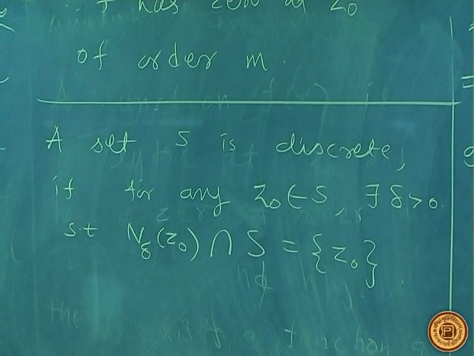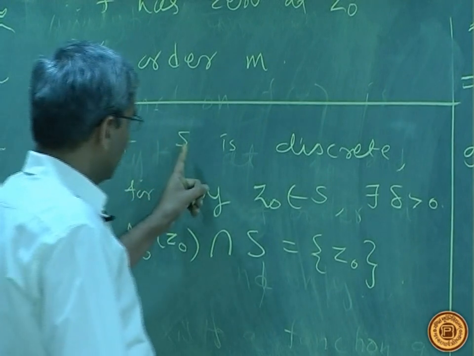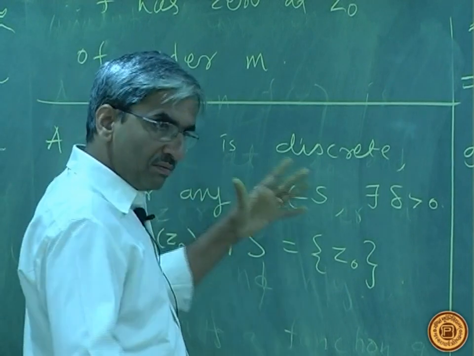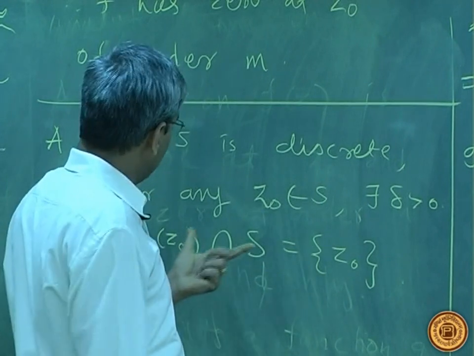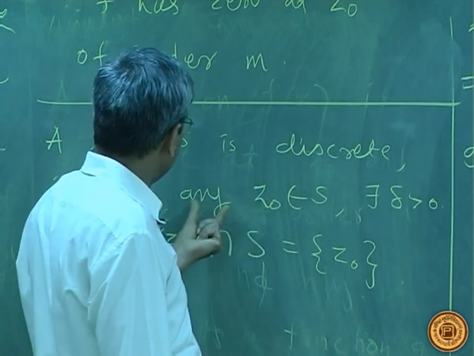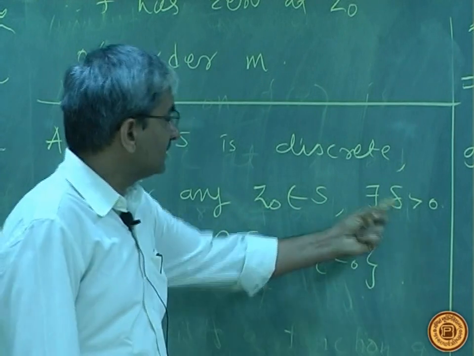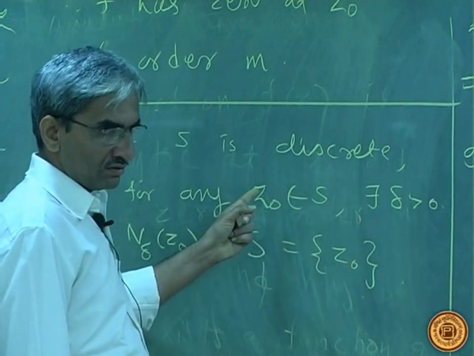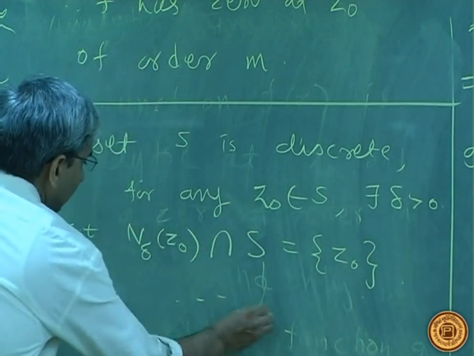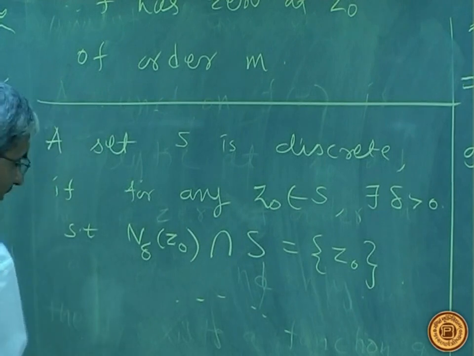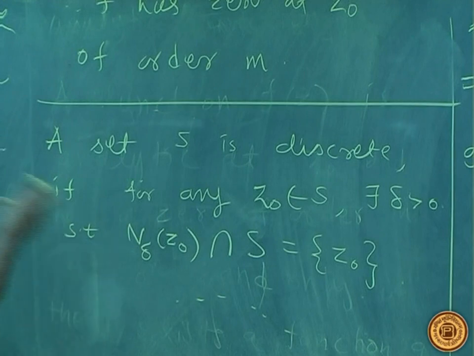That means your set S may have some more members, but then for any point you take, this delta will depend on z0, because suppose your set is like this, one point is here. Then for every point you want to find a neighborhood such that it will not contain any other point of the set.